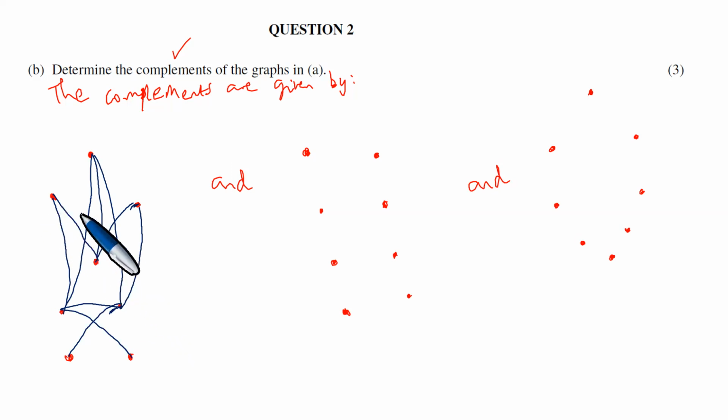But this one, and then this one here. Right, so this one we're not joined, and then this one we're not joined. Okay, I understand this is not going to be very clear.